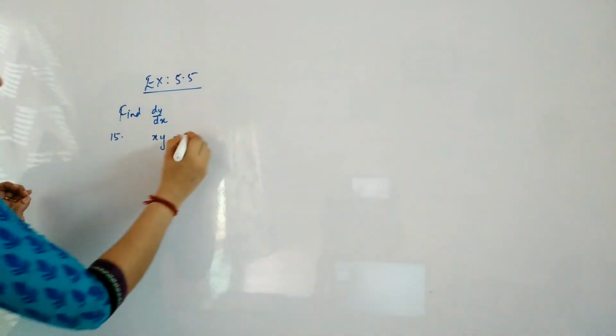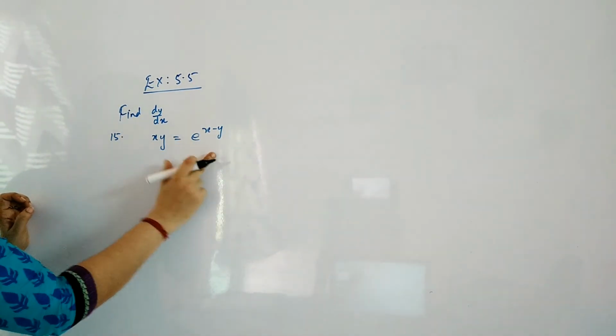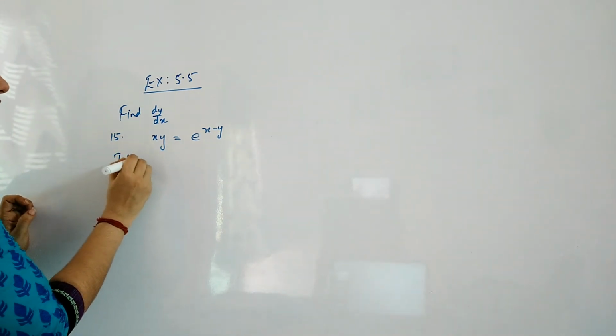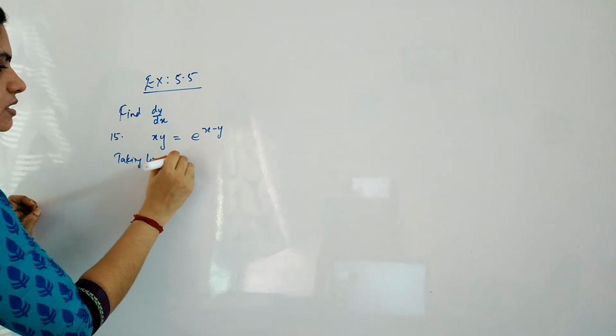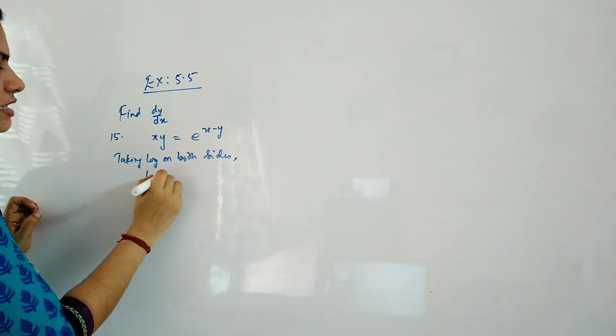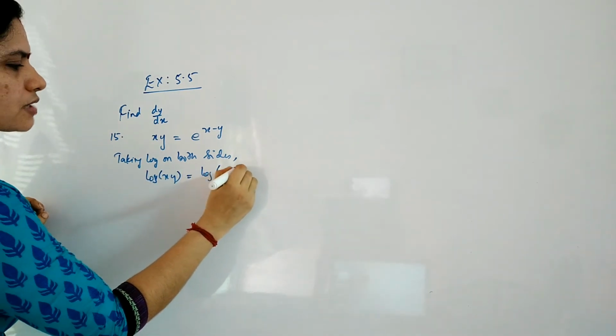xy is equal to e raised to x minus y. For this you can take log on both sides. Taking log on both sides will give you log of xy is equal to log of e raised to x minus y.